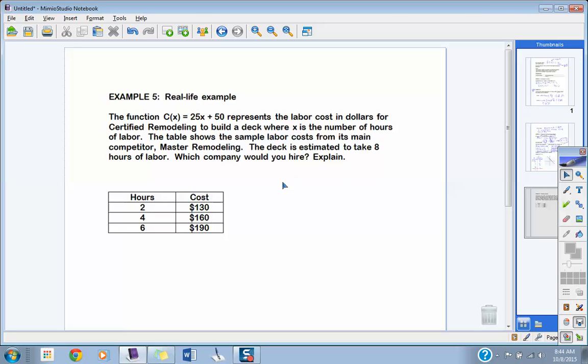I'm going to put a CR up here, which stands for certified remodeling. Their labor costs are denoted by the function that they give you. C of x equal to 25x plus 50.